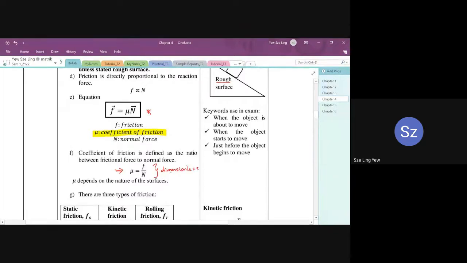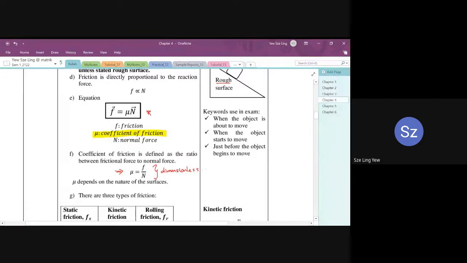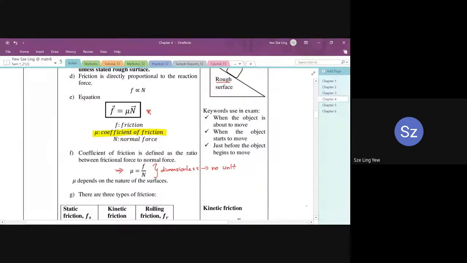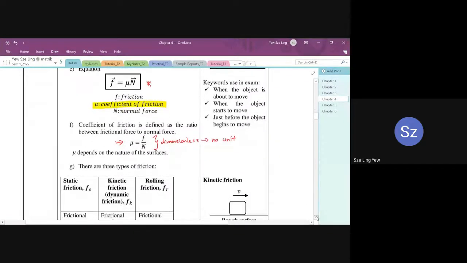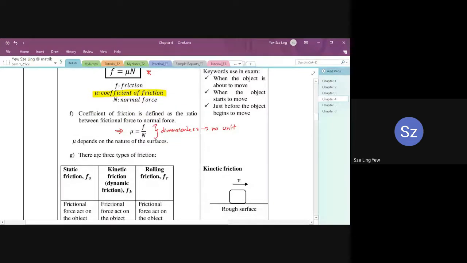What does dimensionless mean? No unit. It is just a value without unit. The mu depends on the nature of the surface. If you are looking at the same surface and the same object, you are going to have the same mu. If you're looking at a different surface, then definitely it will have a different mu.